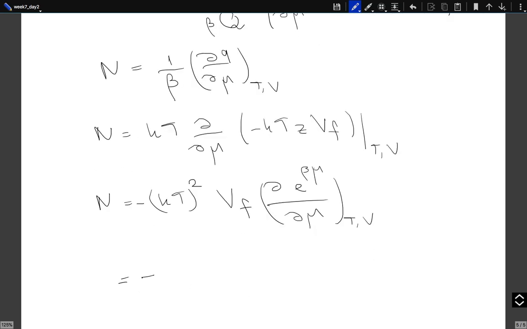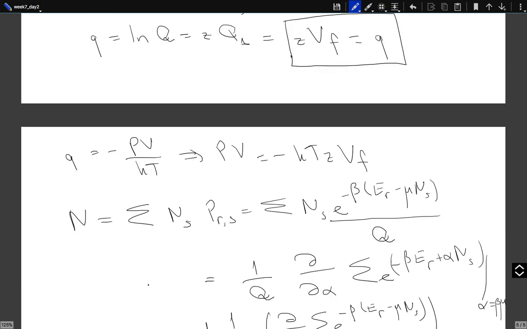Well, this is minus kT V F z, if you take the derivative. This is N, the number of particles in terms of the chemical potential, temperature, and the volume. Well, let's go back. We had evaluated PV.